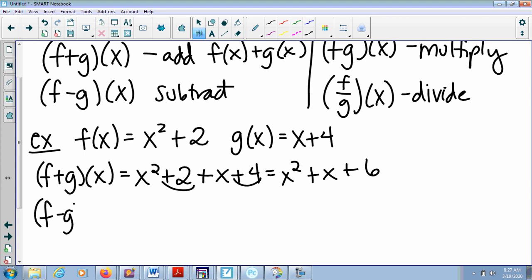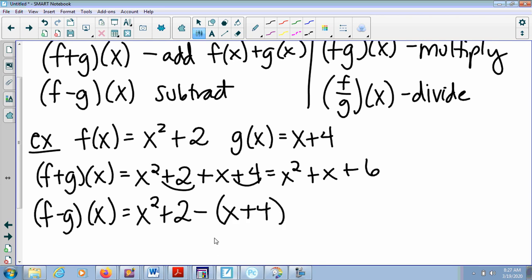Right, now we'll do a subtracting one. F minus g of x. There's one thing different with the subtracting problems than with the adding ones, and this is what it is. So I have x squared plus 2. That's fine. That's my f function. But then I'm going to subtract the g. And when you subtract the whole thing, you always have to put it in parentheses. And we'll distribute our negative in a second.